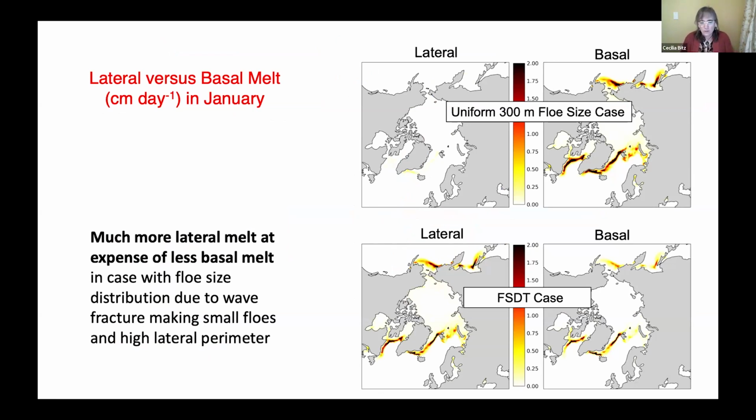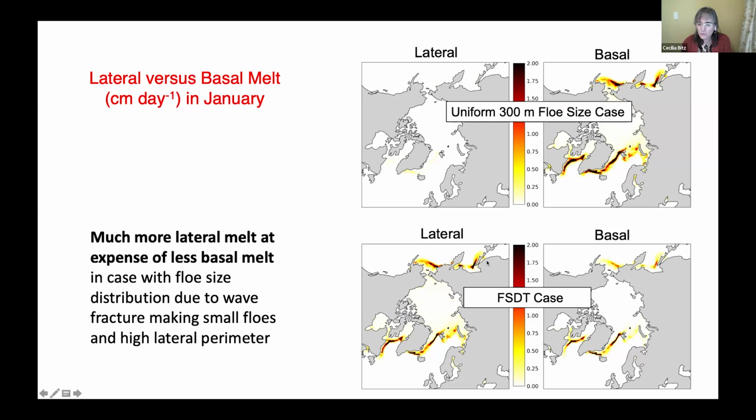But such as it is, this is what results look like, with first, on the upper row, the effect of having a uniform flow size distribution, and how much lateral versus basal melt we simulate. And this is in January, so it may surprise you. There's actual basal melt at the ice edge in January, but it's not unexpected because of the transport from regions of growth out to the ice edge, where it meets warmer waters.